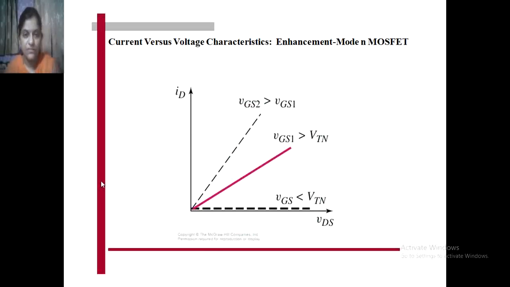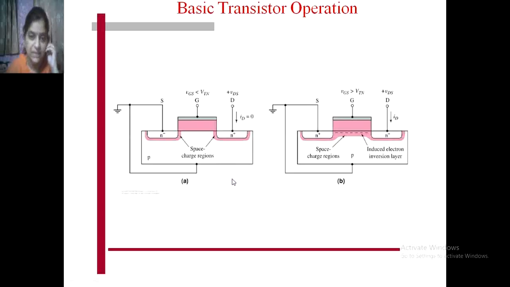See here the current versus voltage characteristic. VGS2 is greater than VGS1. So what will be the effect on the ID? Here VGS1 is less than VTN, and VGS is very much less than the VTN. So these are the current versus voltage characteristics.